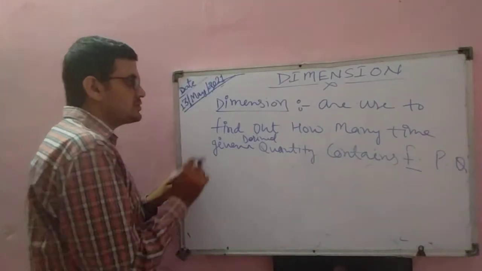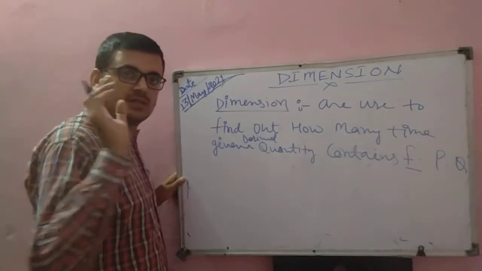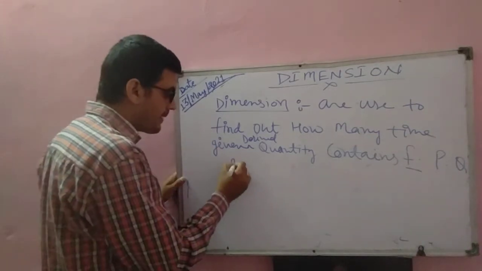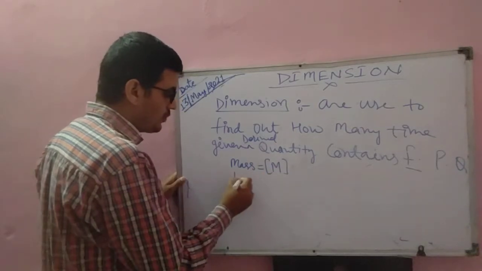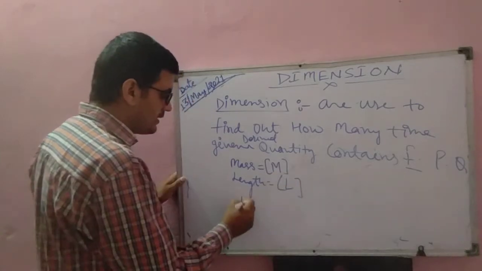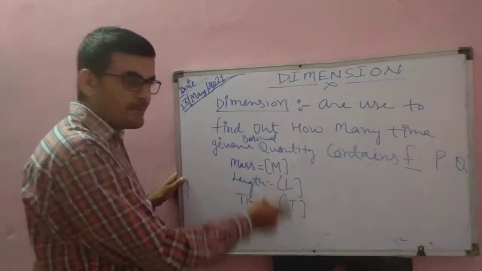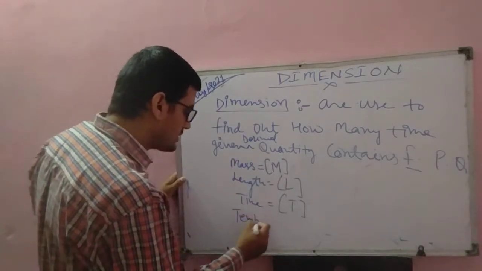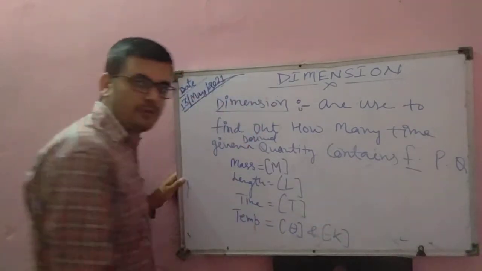So students, to represent the dimension of any physical quantity we use the symbols which we use in SI units. To represent mass we will use capital M in brackets. To represent length we will use L. To represent time we will use capital T. Then temperature, in some books it is represented by theta and in many books by capital K, Kelvin.